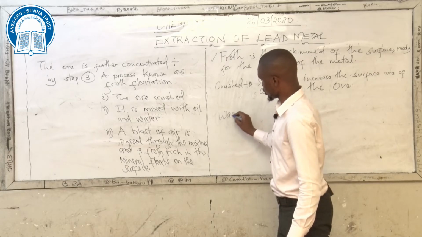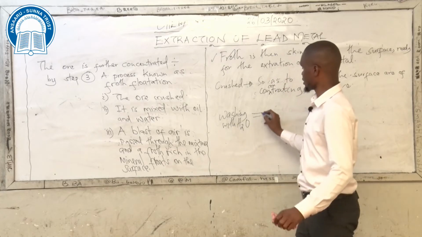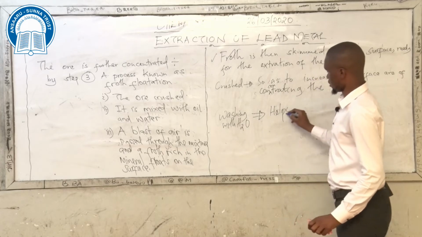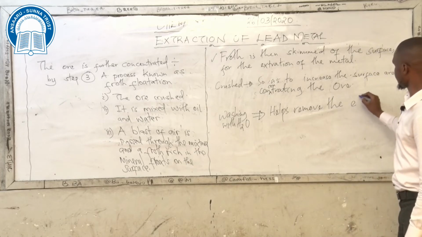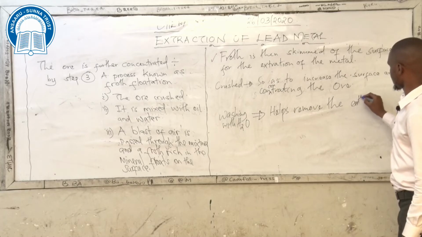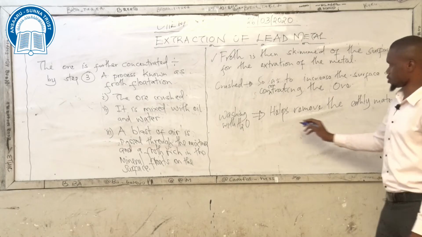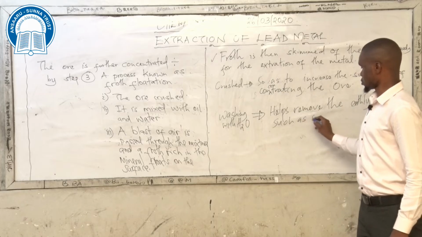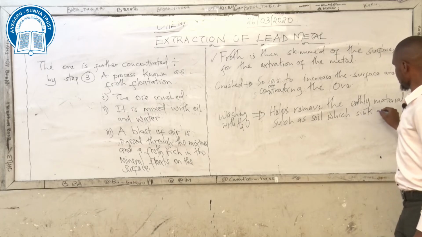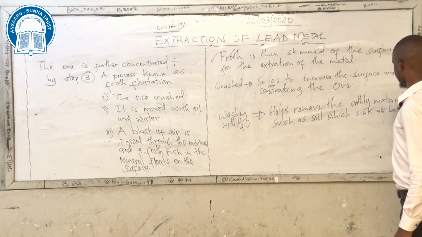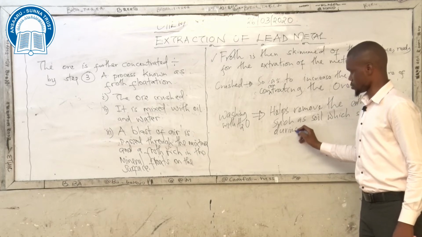Washing with water helps remove the earthly materials, such as soil, which sink at the bottom during washing.